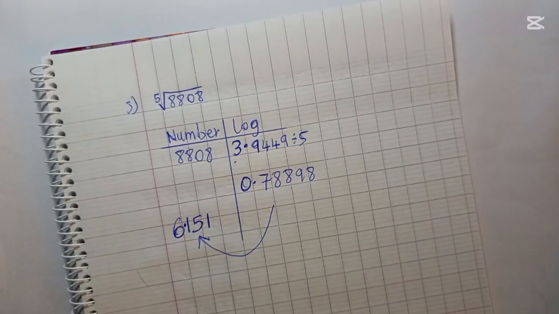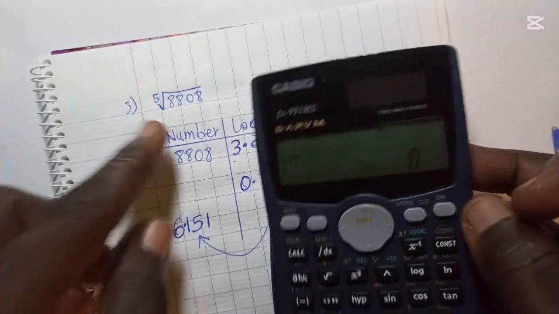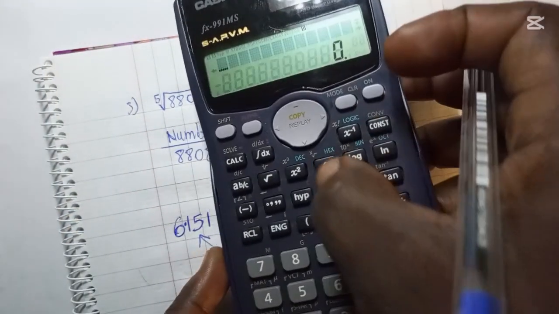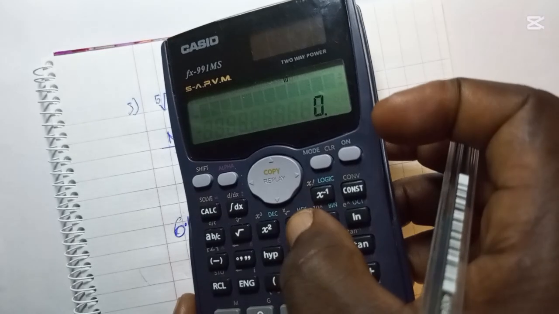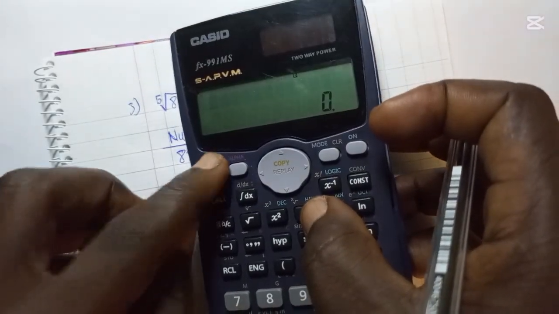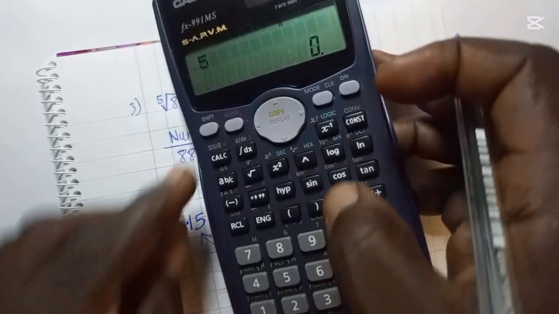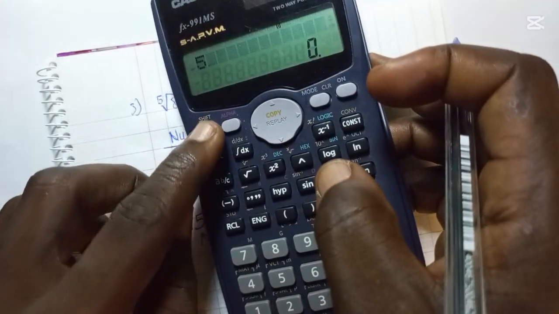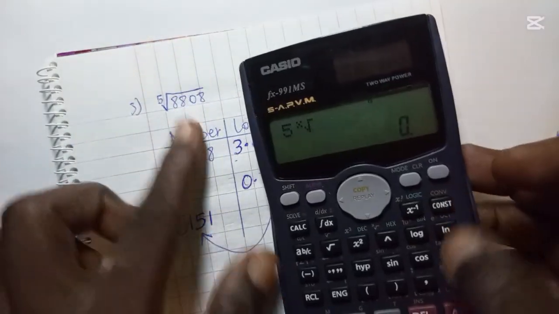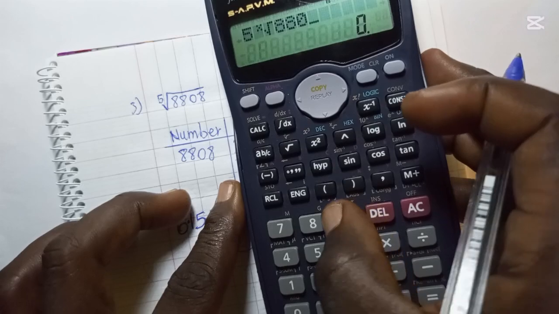The same way, if you use your calculator to do the fifth root of this number, this is the symbol for nth root. Write 5 first, then shift, and then we write in this value, 8808.